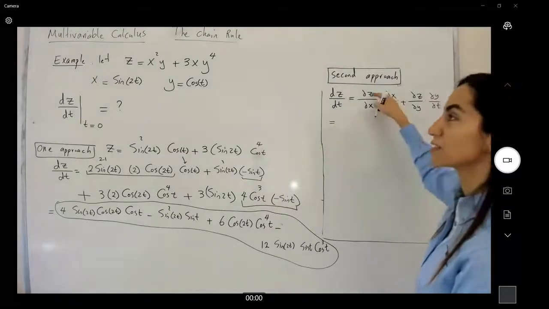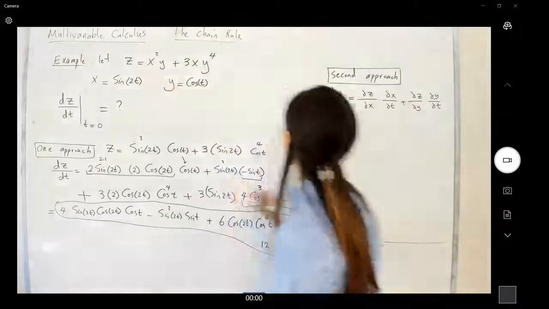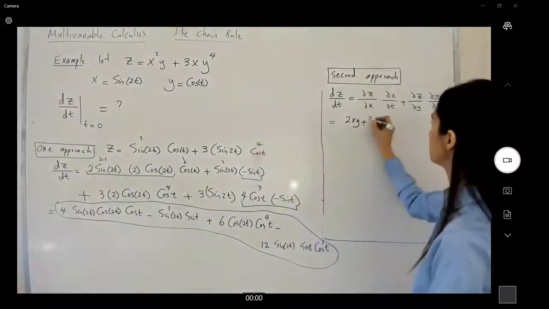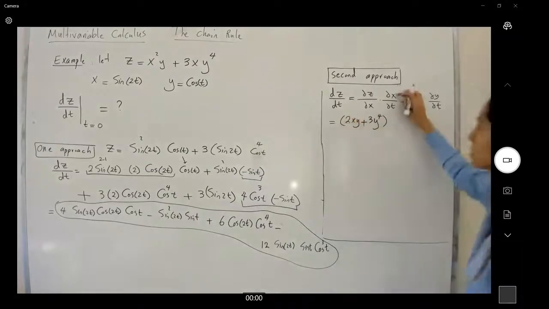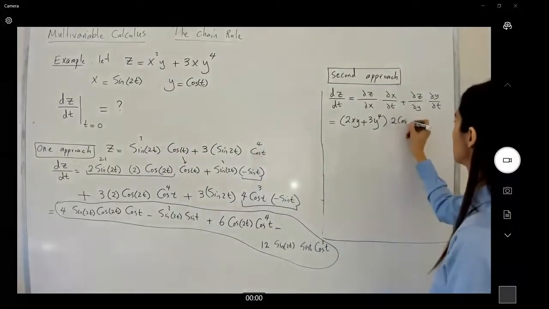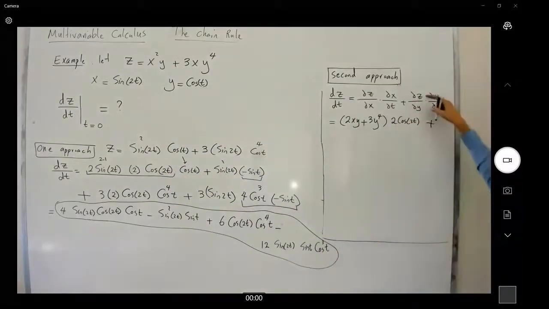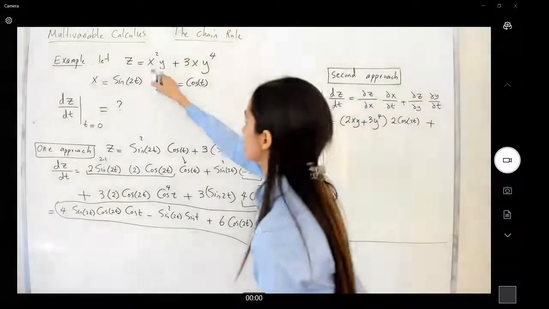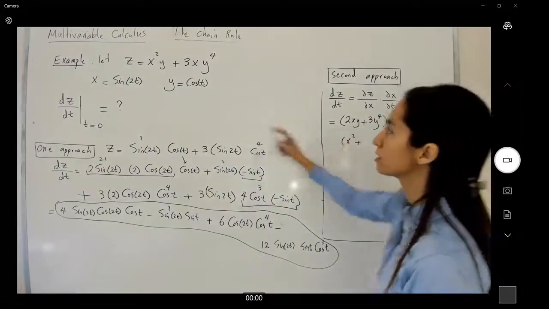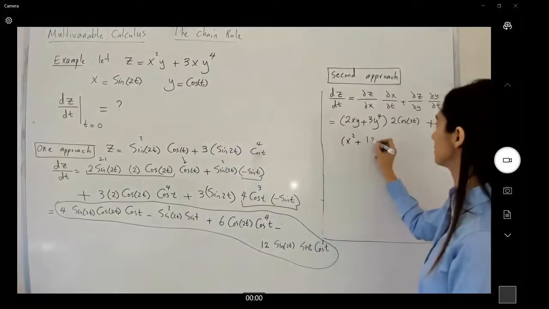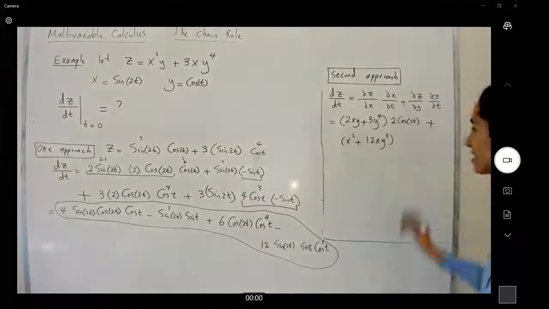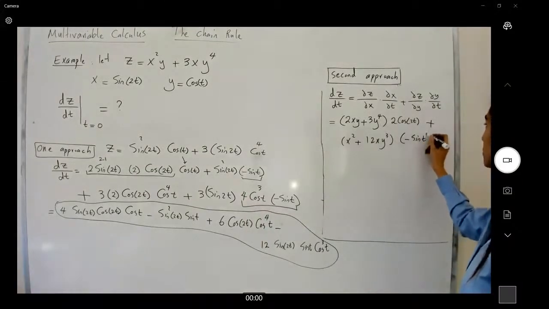So the partial derivative of z with respect to x gives you 2xy plus 3y to the fourth, times the derivative of x with respect to t, which is 2 cosine 2t, plus the derivative of z with respect to y, which gives you x squared plus 12xy to the third, and the derivative of y with respect to t is minus sine t.